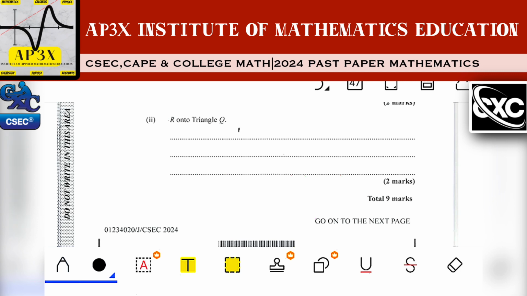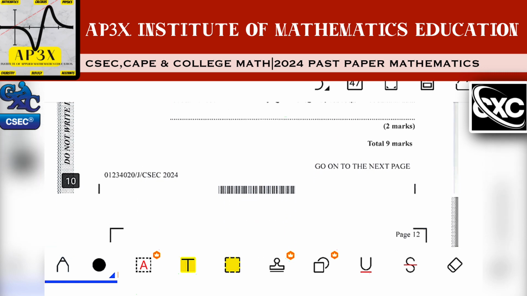So here we see R is mapped onto Q, describes a reflection in the line x equal 1. All right, and the line x equal 1 is in fact parallel to the y-axis.